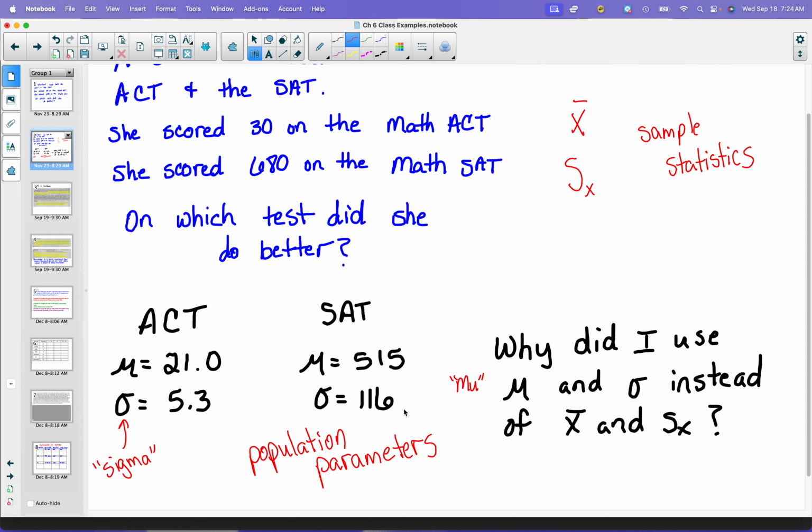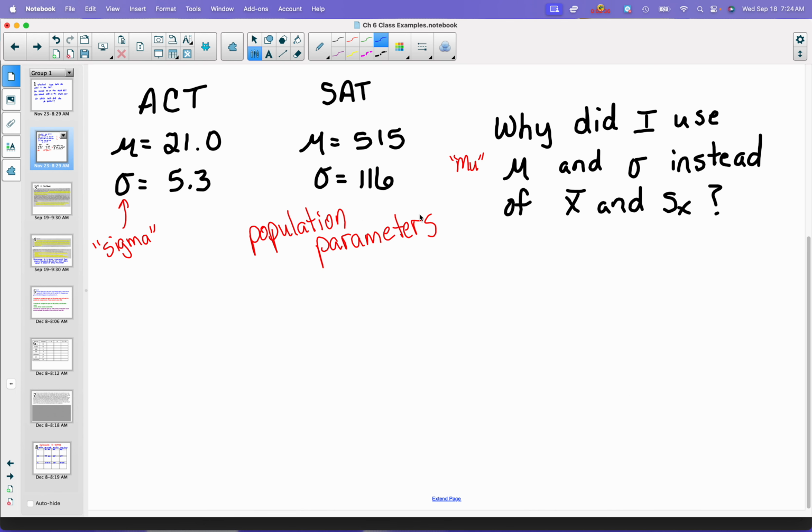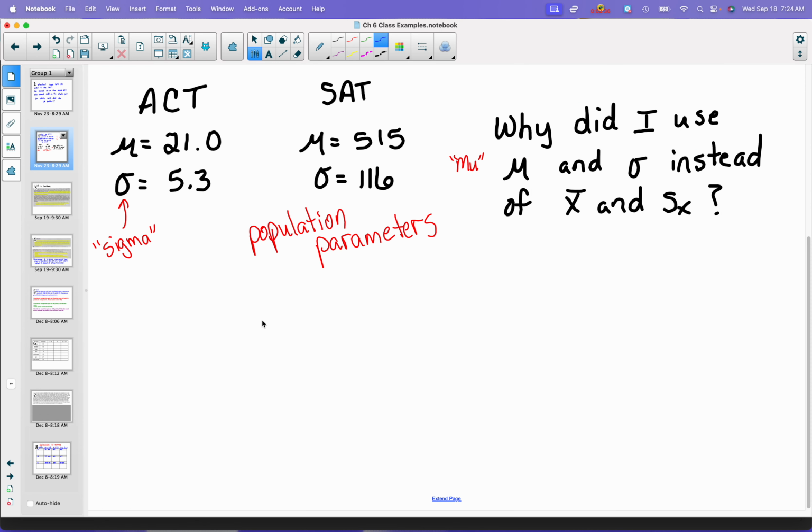So I have this information, and now I have to have a way that I can compare those. So when I think about which one's better, is it better to have a 30 with this mean and standard deviation, or is it better to have a 680 with this mean and standard deviation? So what we do is we have to kind of put it on the same playing field.